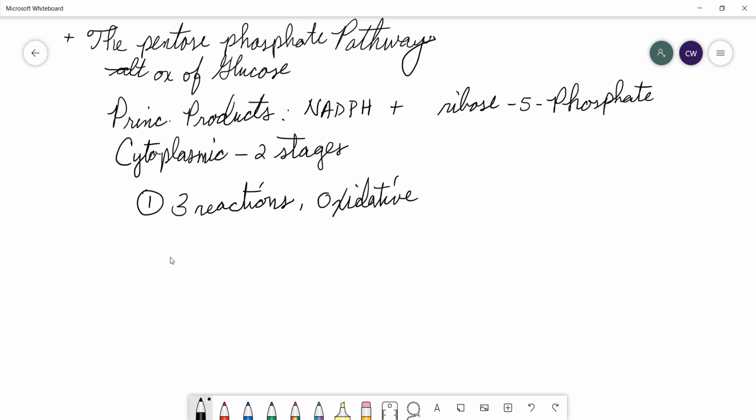It starts with glucose 6-phosphate being oxidized to 6-phospho D-glucono delta lactone.